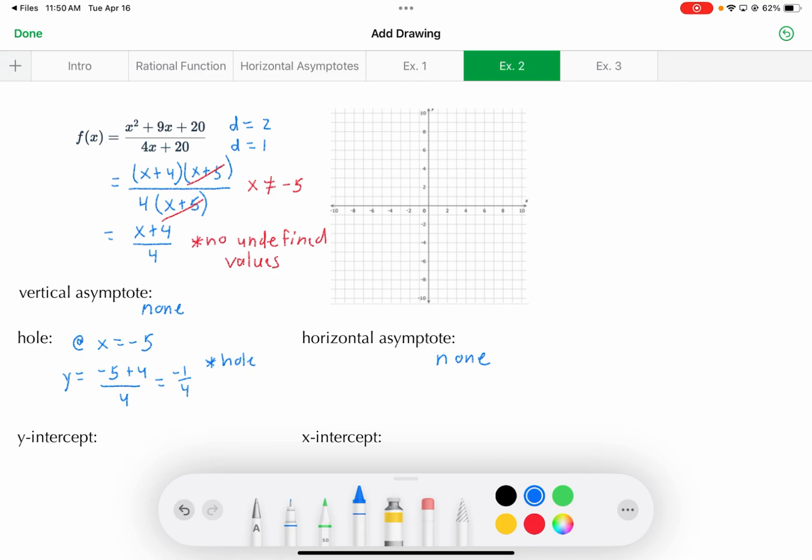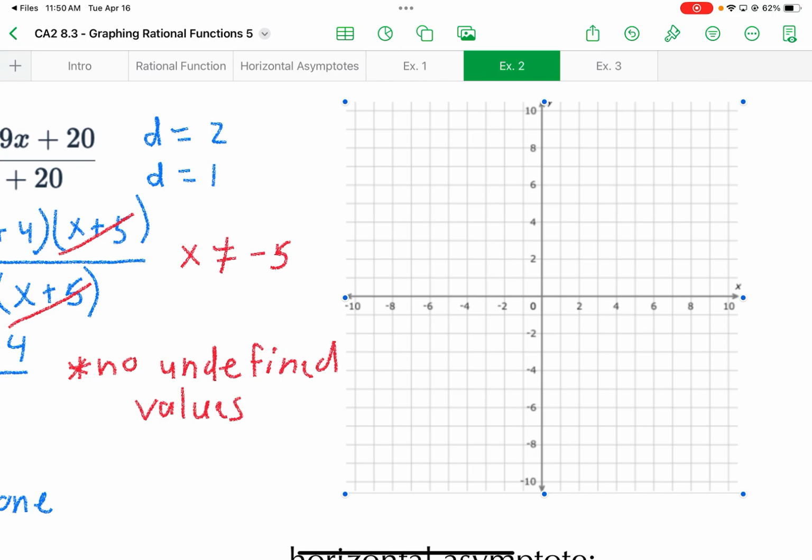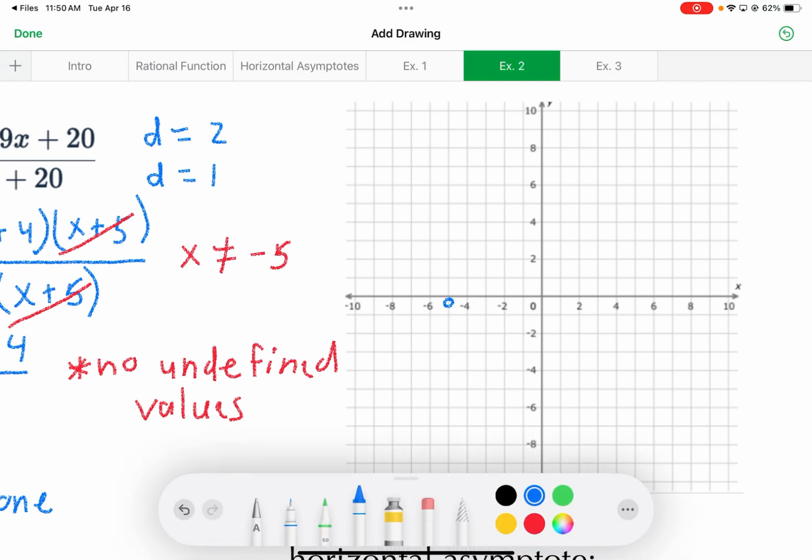So the hole is at the point -5, -1/4. Okay, let's go ahead and estimate the location of that and just plot it as an open point. So that would be right about there.